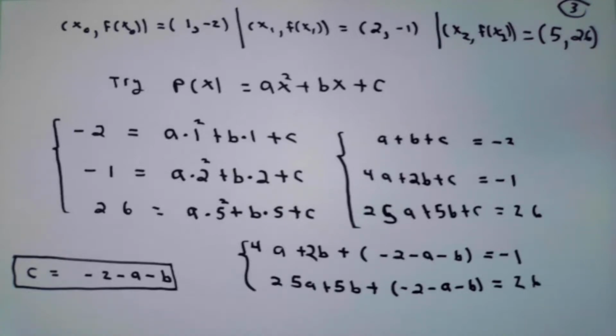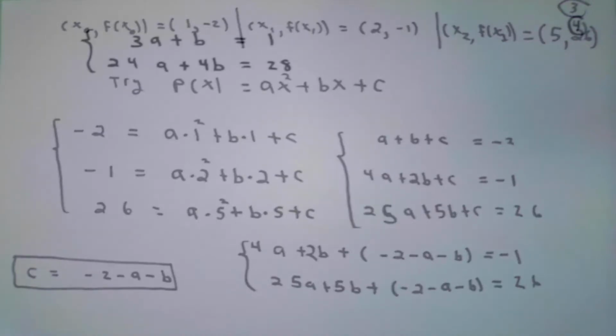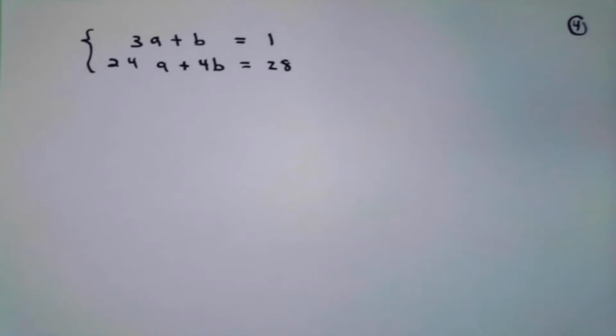And 25a plus 5b plus the c, which again is -2 minus a minus b, must end up giving me 26. These two equations only have two variables in them, so we'll continue this process after we clean the equations up a little. 3a plus b needs to be 1, and 24a plus 4b needs to be 28.